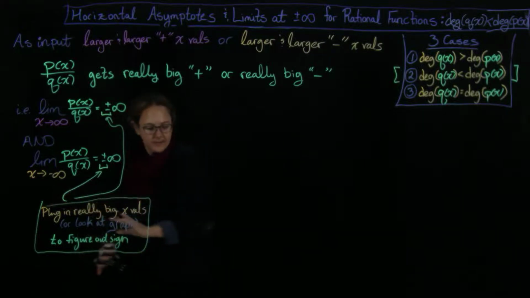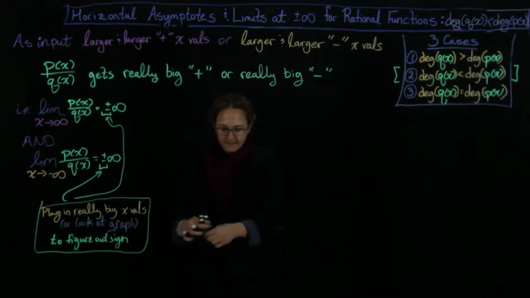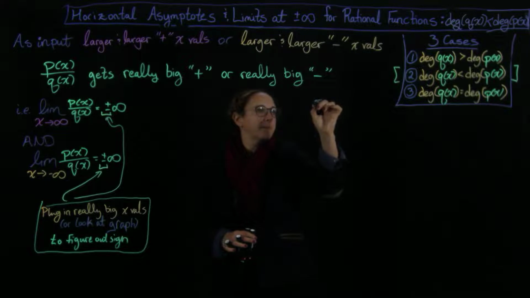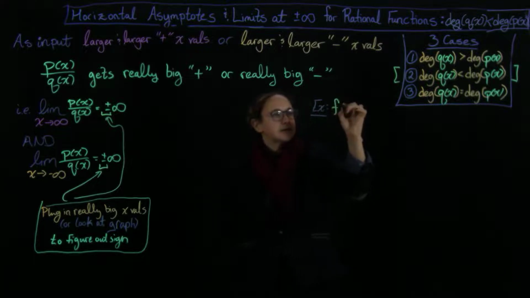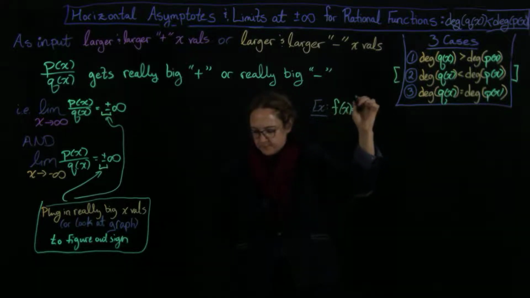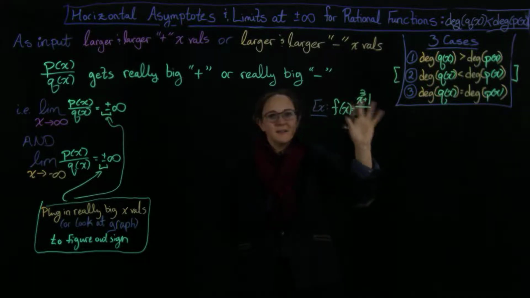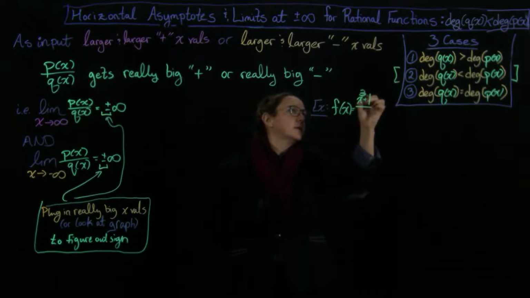So we want to look at an example, and we're going to draw this over here. My function is f of x equals x cubed plus 1, divided by, I don't know how clear that is, that's a 3.